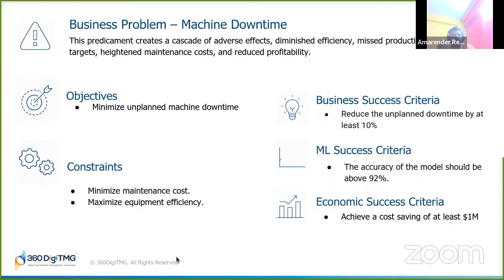For machine learning, the model accuracy should be 92% and above. And for economic success, it needs to achieve a cost saving of at least $1 million for the customer. With these details, we walk into the machine downtime failures topic.